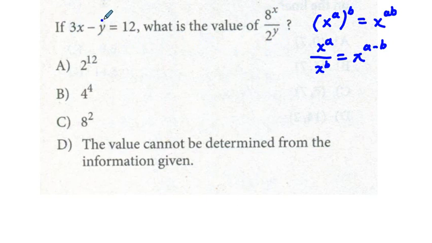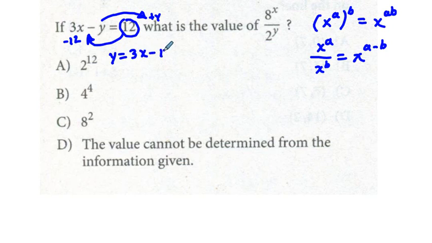To do that, we're going to take this negative y on the left side and move it over to the right side, where it's going to become positive y. And then we're going to take this 12 on the right side and move it to the left side, where it's going to show up as negative 12. And so what we have now is y equals 3x minus 12.